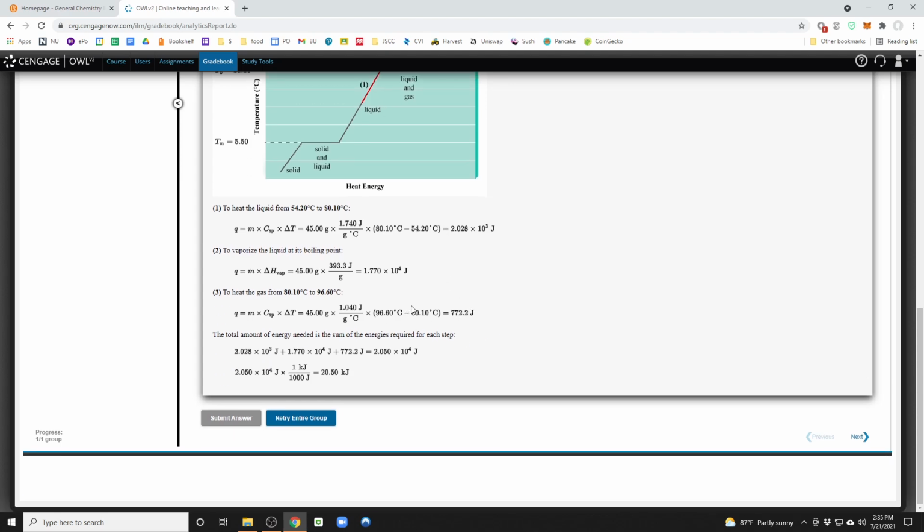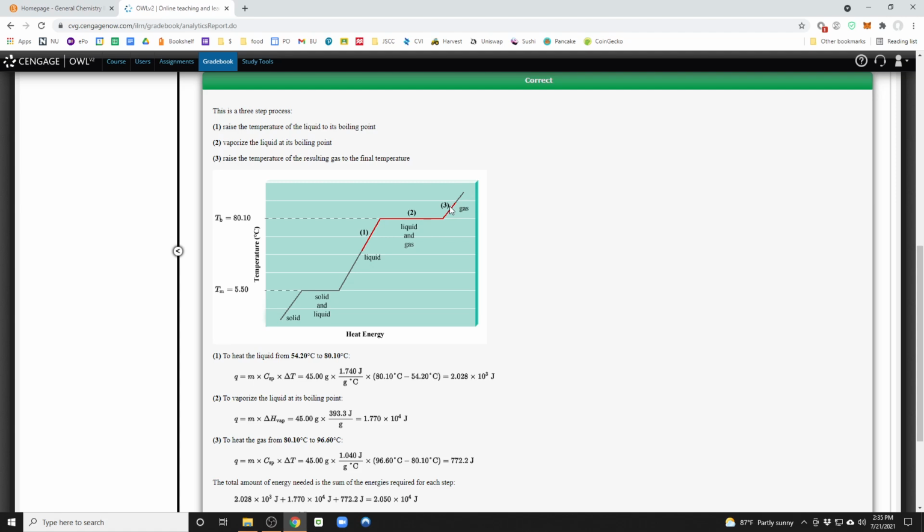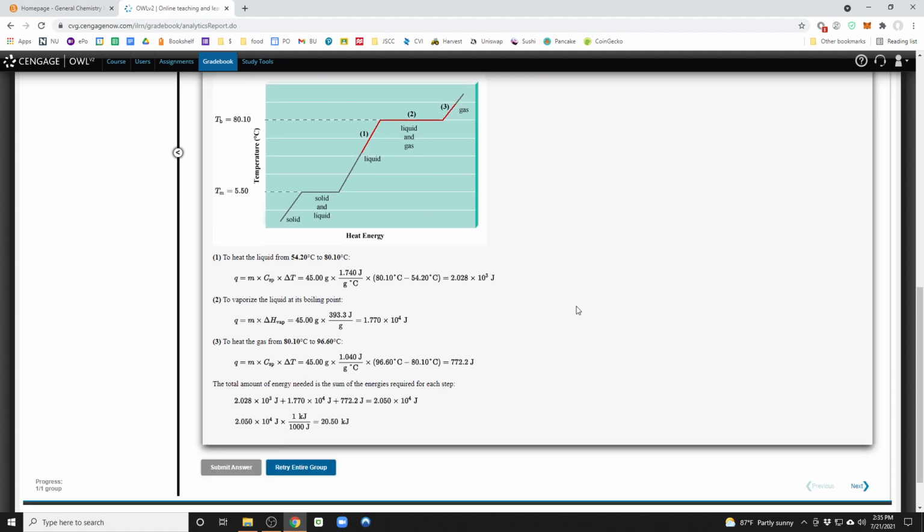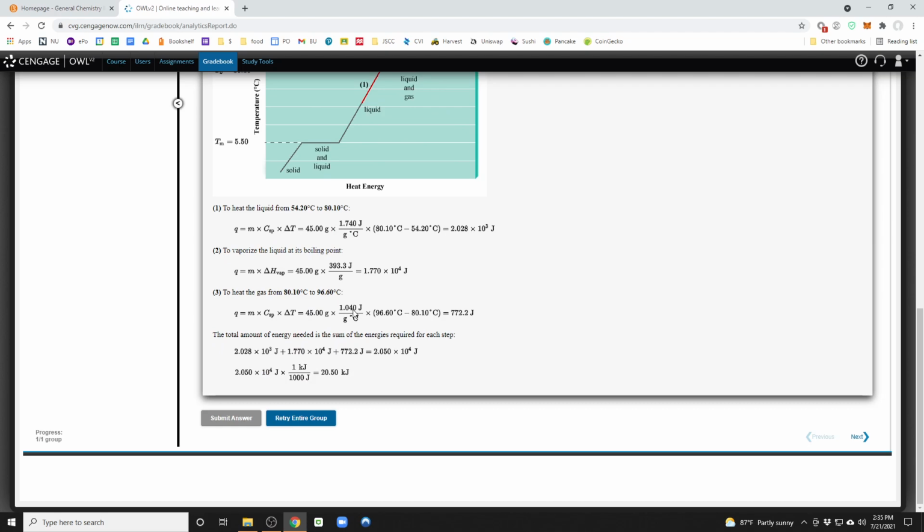Okay, and so now I do the final step, which is going to be heating the gas. And so again, I take the specific heat, but this time for the gas, which is 1.04 joules per gram degrees Celsius. I multiply it by the mass again, which is 45 grams. I then am going to multiply that by the difference in temperatures.